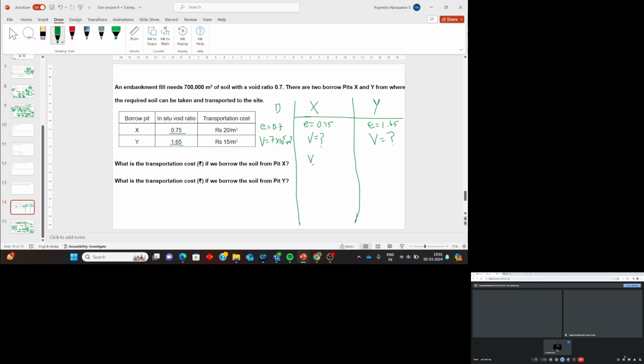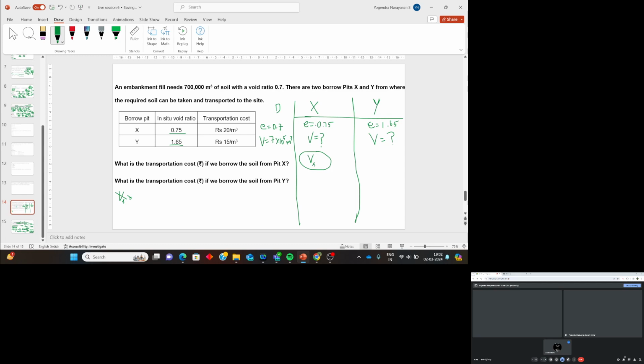Vs will not change, right? We are dealing with volumes. Here, volume of solids will not change. So first you need to calculate the volume of solids.